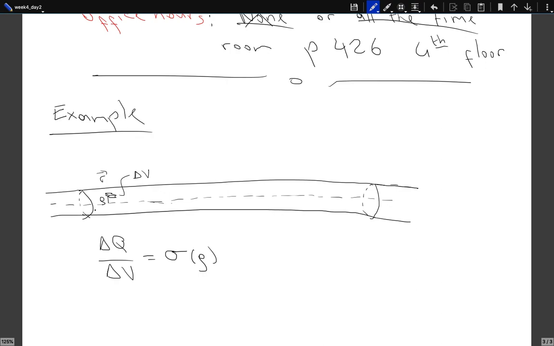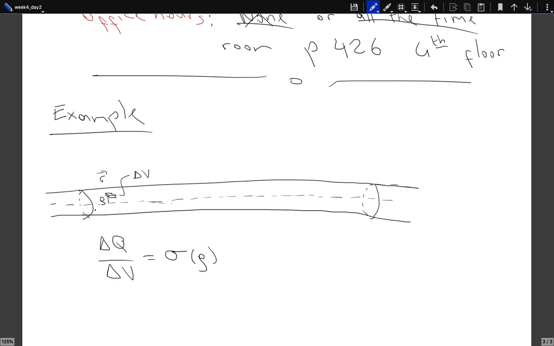For example, if this is a conducting wire, sigma will be 0 everywhere inside, but it will be non-zero in a very thin region on the surface. That will be for a conductor. Or if it's uniformly charged, then sigma will just be a constant.